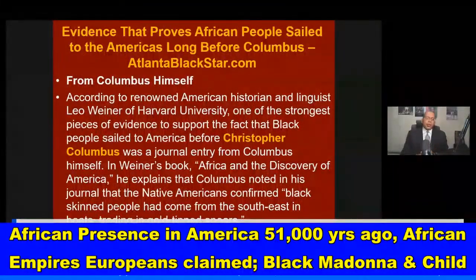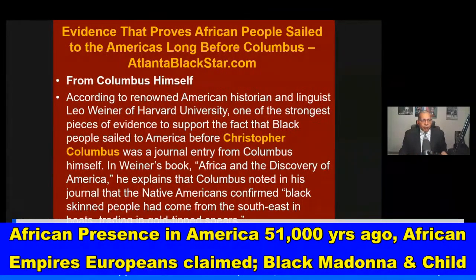According to renowned American historian and linguist Leo Weiner of Harvard University, one of the strongest pieces of evidence to support the fact that African people or Black people sailed to America before Christopher Columbus was a journal entry from Columbus himself.